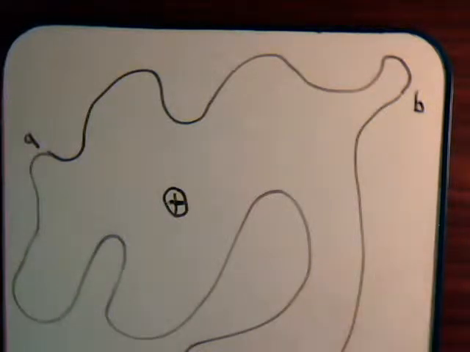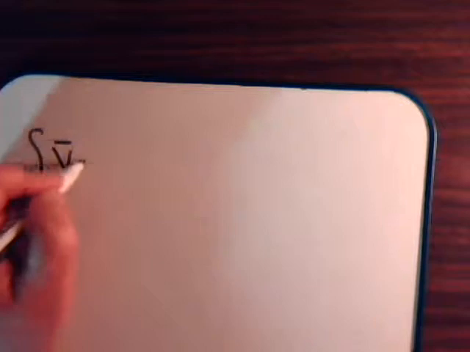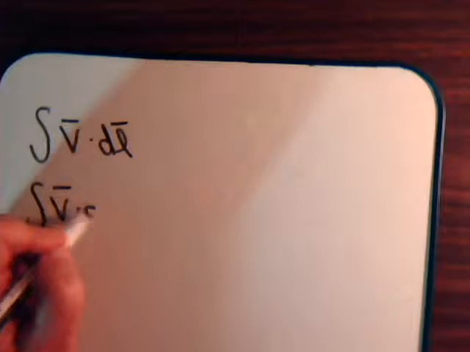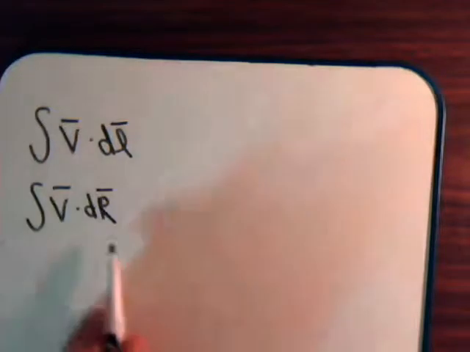Now, remember in our last two videos when we were discussing exact line integrals, well, first remember the general way for writing a line integral, as you saw in our introductory video concerning line integrals, it could be some vector v dot dl, or we could have the line integral v dot dr, where r is the position vector.